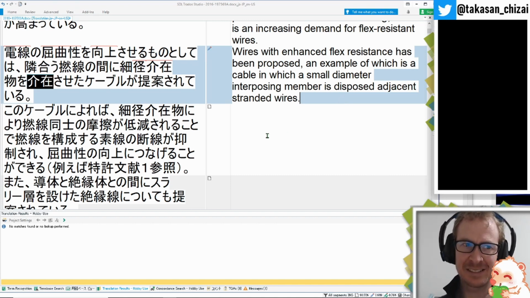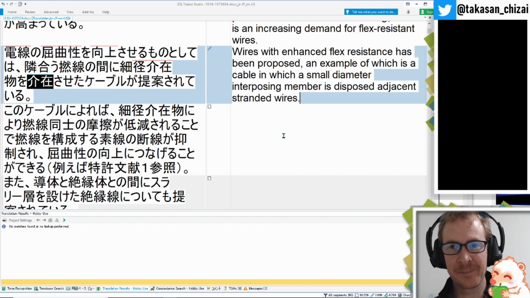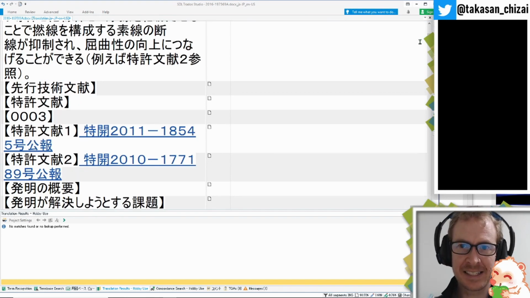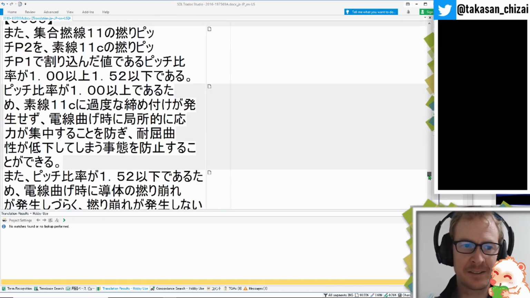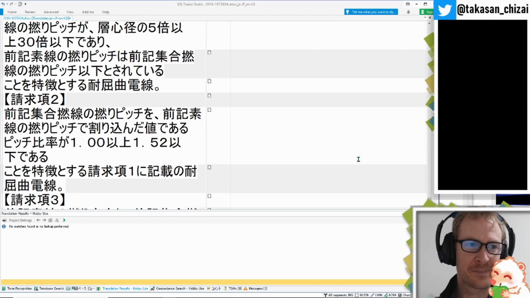So cables, wires, stranded wires, the hierarchy there, we'll have to look deeper into the specification to figure out what a wire is in relation to a stranded wire. I'm feeling pretty good about this. Let's zoom down to the claims and start looking at the claims.